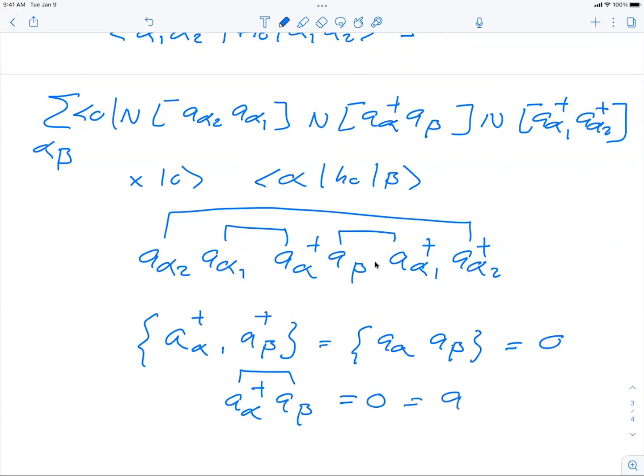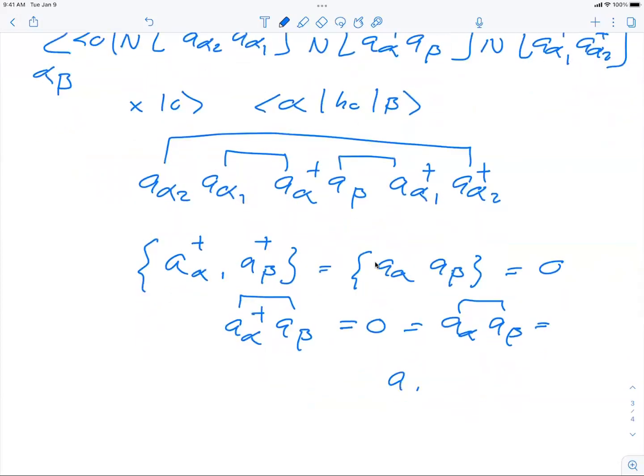And we would rewrite this as an A alpha, A beta contraction here. And that's the same as A alpha dagger, A beta dagger. So that follows from the way we have defined the vacuum and the anti-commutation relations.